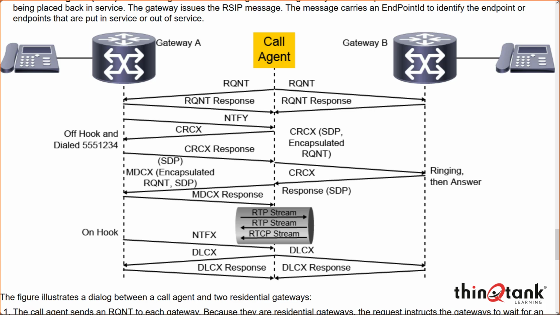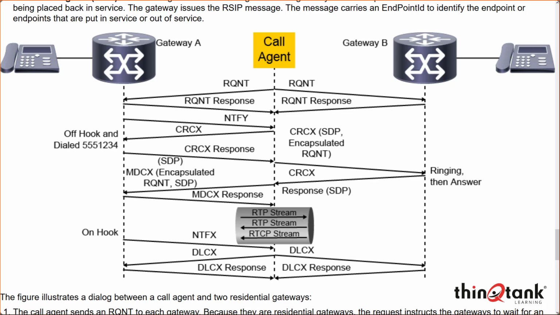So in this case, obviously we're assuming that the digit maps were matched because we're going to proceed with the call. All right, so gateway A then in step 4, actually the third arrow in this particular case, sends the notify to the call agent to tell the call agent that the requested event was observed, meaning the off-hook event.